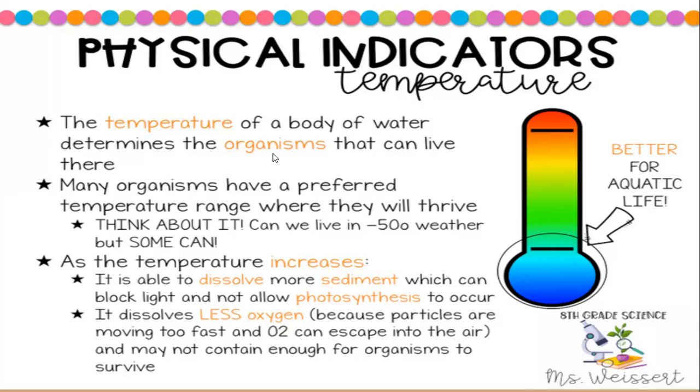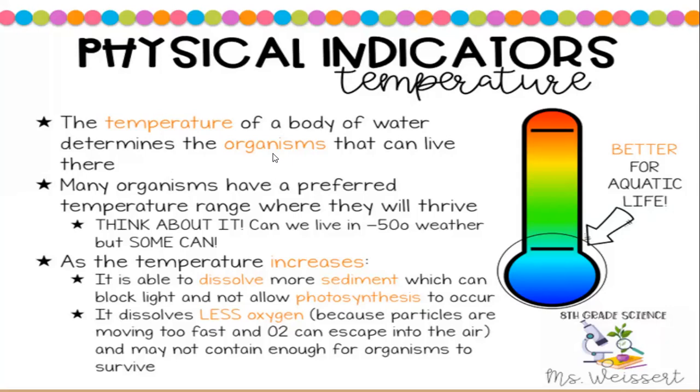Just like we were talking about with our ocean water last week, different gases react differently, and different temperatures of water are able to hold different amounts of gases. So oxygen is going to dissolve a lot less in water that is either moving really fast or that is super warm. It's going to dissolve less, and it's going to cause issues with our fish and our other aquatic life.